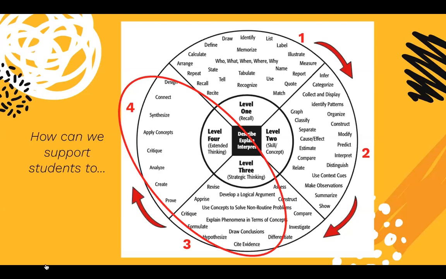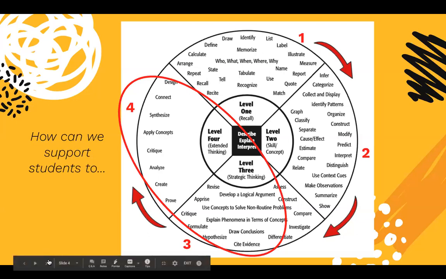We really want to push our students to get to the point where they are critically thinking, because that is truly where the learning is occurring. So the real question is, how can we support our students in order to acquire this level of thinking?